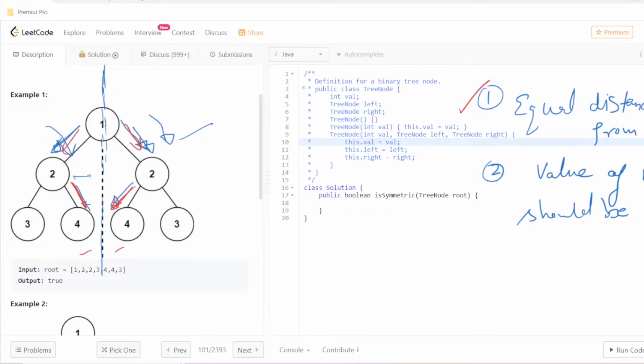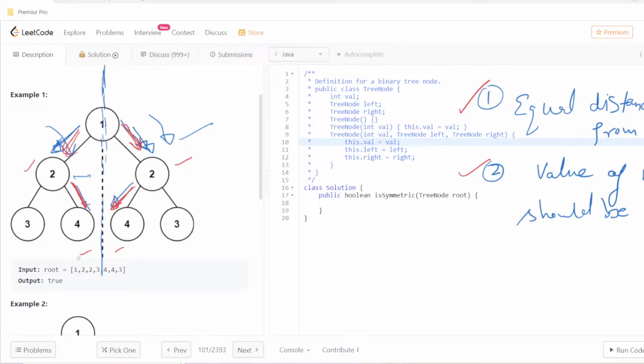So after making an iteration, you move to a certain node. Now you have to check the second condition, that the value of node should be same. If you move left side here, move right side here, you reached two nodes. Now you have to check the value. If the value is same, you go further down the subtree.